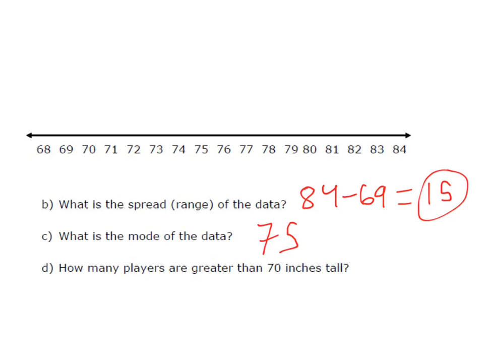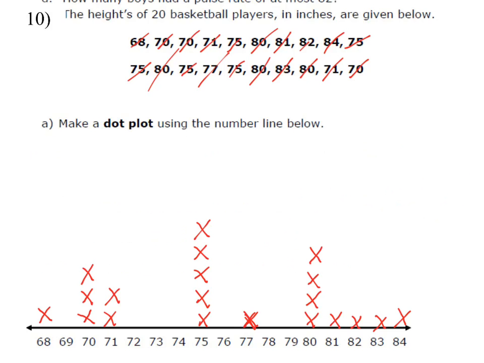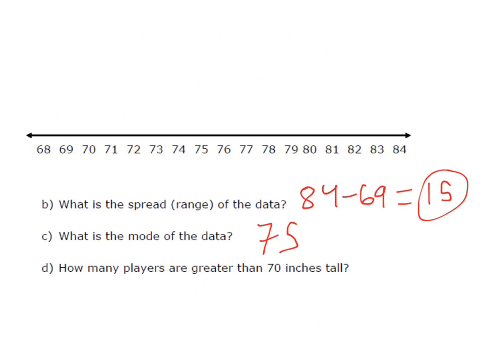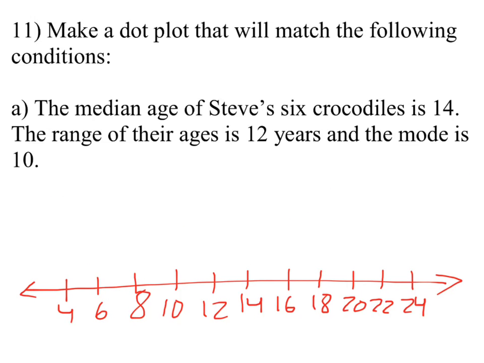And how many players are greater than 70 inches tall? So that's going to be all this section. Greater than 70, that's 1, 2, 3, 4, 5, 6, 7, 8, 9, 10, 11, 12, 13, 14, 15, 16. There are 16 of those that are greater than 70 inches tall.